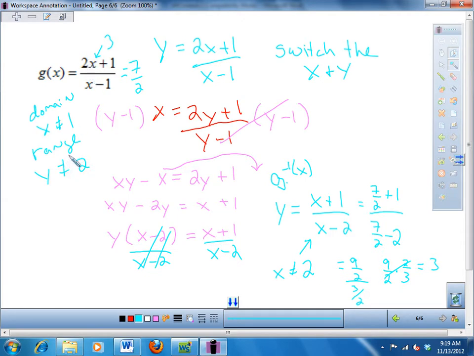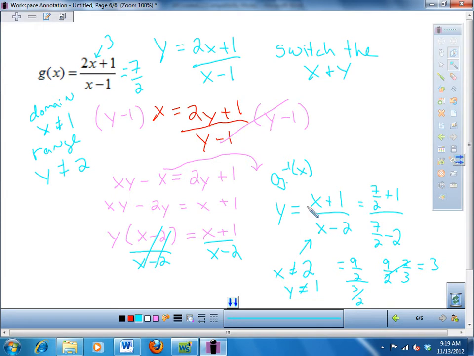You see? Okay? And the domain of the inverse is the range of the function, and the range of the inverse is the domain of the original function. So what can y not be equal to? 1, right? Because that's the domain of the original function.